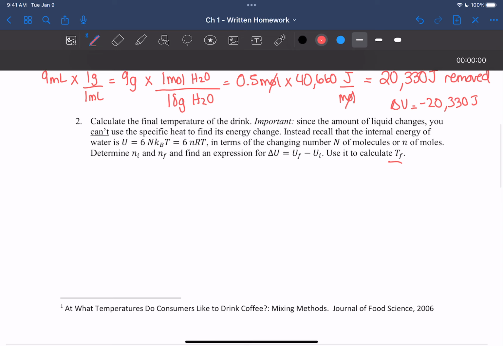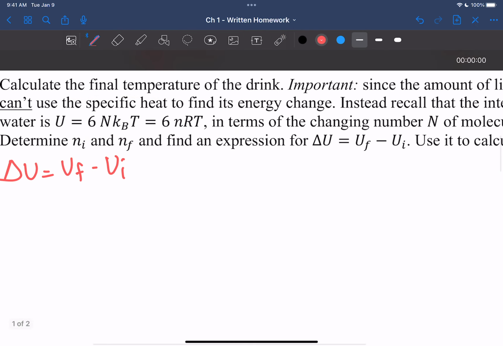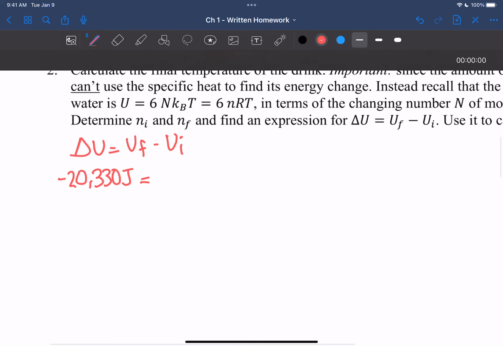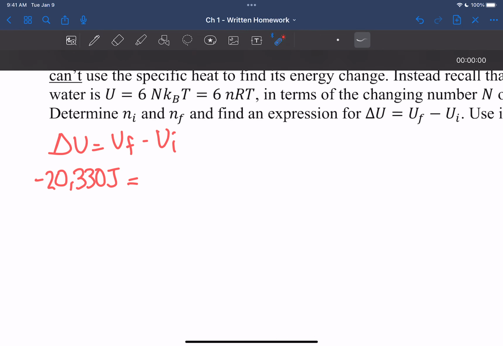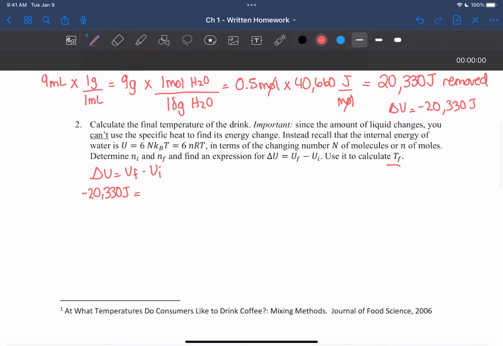Anyway, they want us to set up this equation, delta U is equal to UF minus UI, right? Well, they kind of gave us a hint here already as to how to set up each U. So we know that delta U is that negative 20,330 joules, right? That was the energy lost there for the internal energy. Now for UF, we can look at this little part right here, right? 6 nkBT.